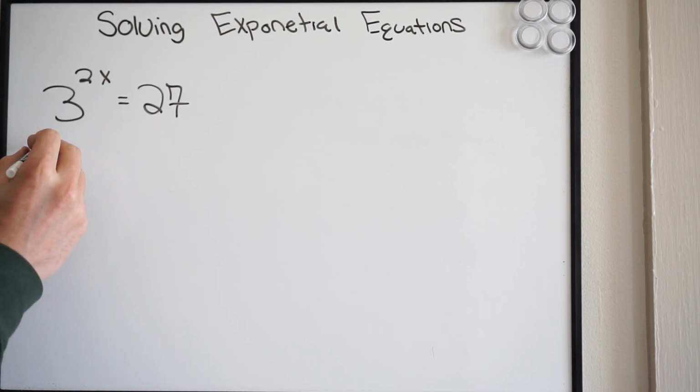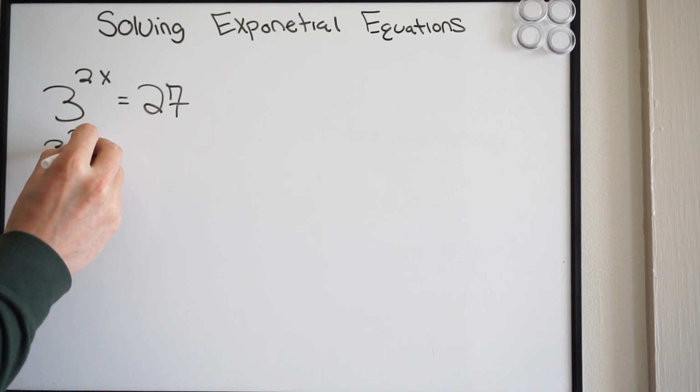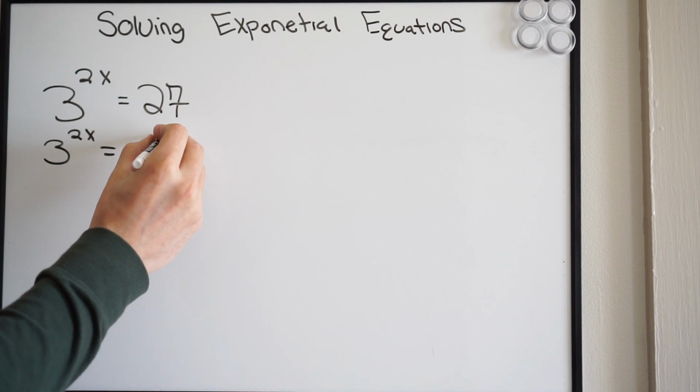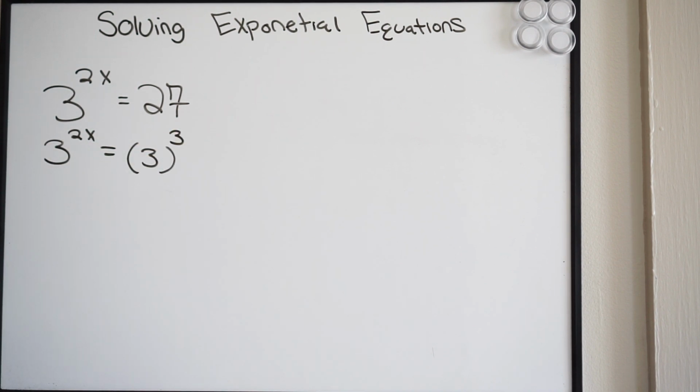So if I rewrite this, I can write 3 to the 2x equals 3 to the third. And again, we just talked about why, the bases will naturally cancel, but in case you missed it, we would simply be taking log base 3 on both sides.